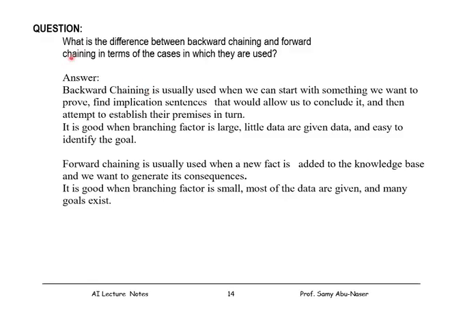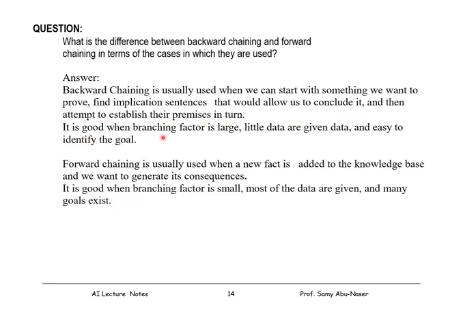Here is a question: what is the difference between backward chaining and forward chaining in terms of cases in which they are used? The answer: backward chaining is usually used when we can start with something we want to prove. In backward chaining, we start with the goal, the thing we need to prove, find implication sentences that would allow us to conclude it, and then attempt to establish their premises in turn.